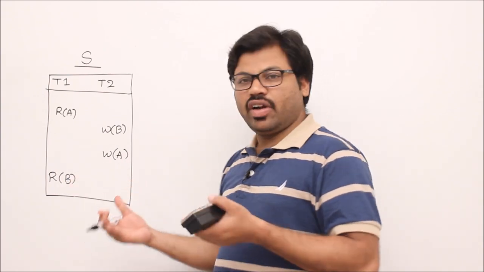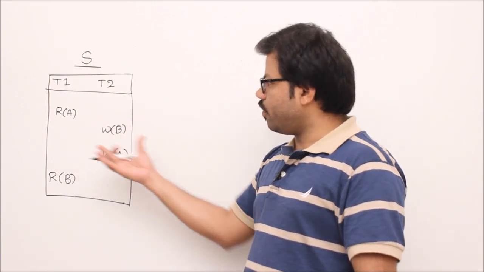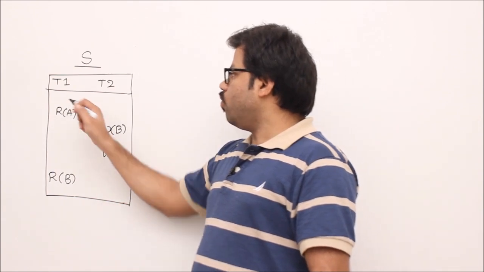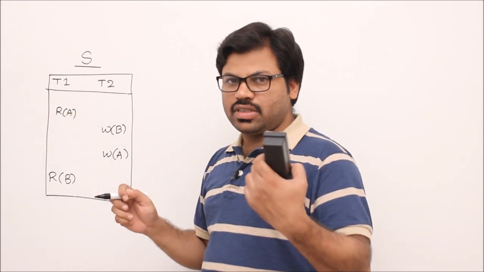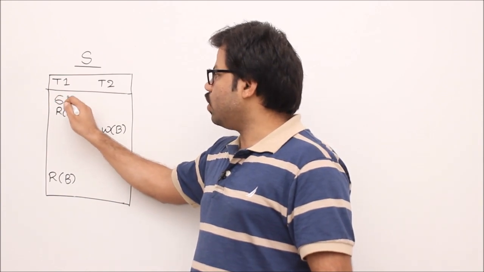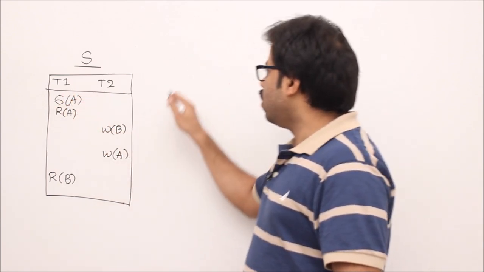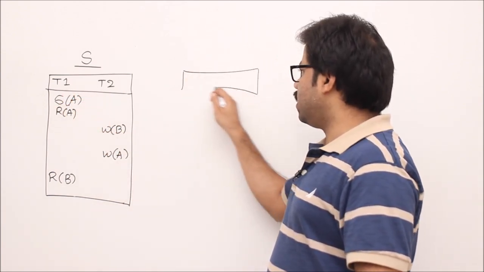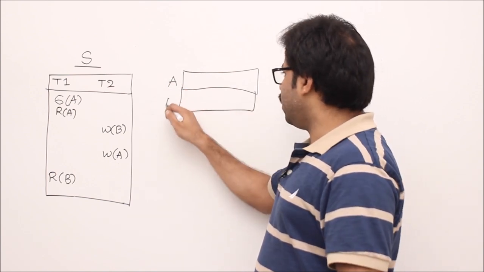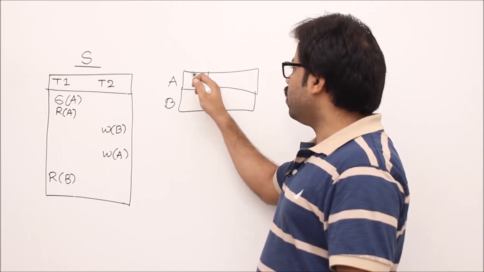But your DBMS doesn't know that initially. It will try, correct? So when it tries to acquire locks on these operations, what happens? We'll see one possible scenario. One possible scenario is that your DBMS might lock database item A in shared mode on behalf of T1. Let's list it out. Currently the database variable is A and the owner holding it is T1.